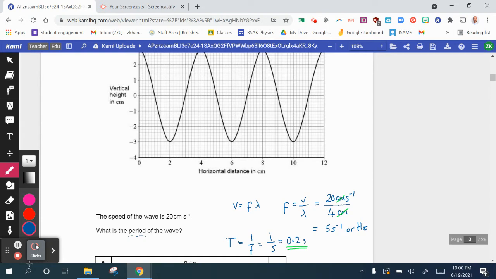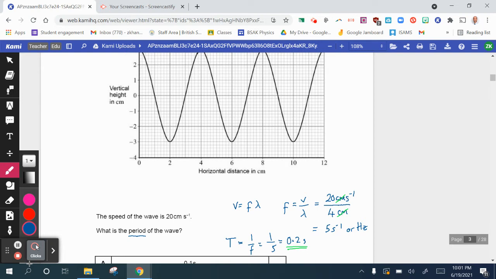Now we don't need to convert into meters because the centimeters and centimeters cancel out. That would happen with the meters, and you'll end up with seconds to the minus one. So we know frequency is in hertz when the unit is seconds to the minus one, so it's 5 hertz.